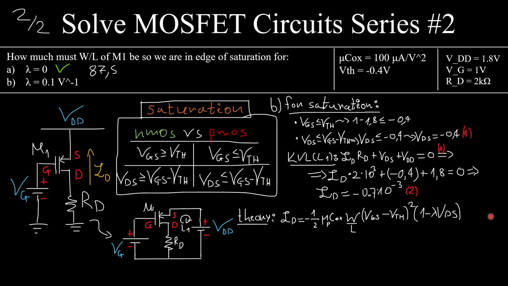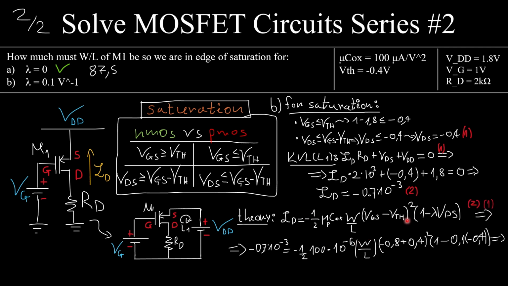Now, thankfully, the exercise gives us this voltage and this voltage, these resistors, so we don't need to do something very complex here. We just replace all of the values we have found previously. And now, again, we solve with respect to W over L, and we get that the W over L is slightly lower here than it was previously.